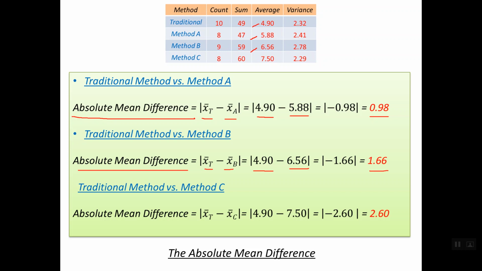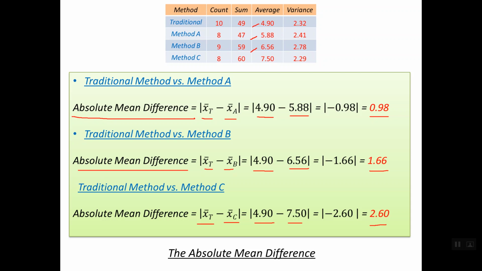And the third one is the traditional method and method C. So the absolute value of x bar sub t, which is 4.90, minus x bar for method C, which is 7.50. So the result is 2.60.